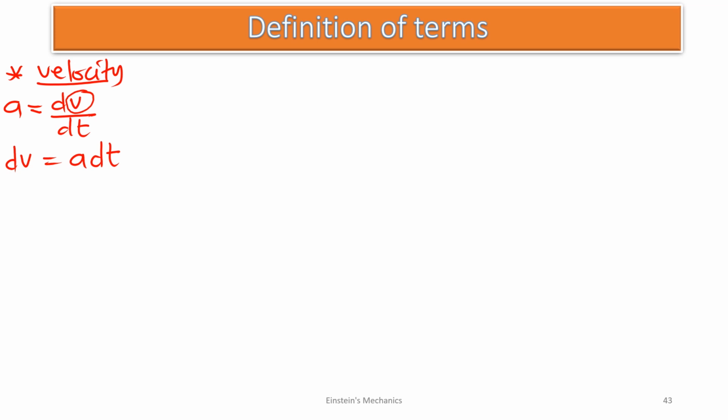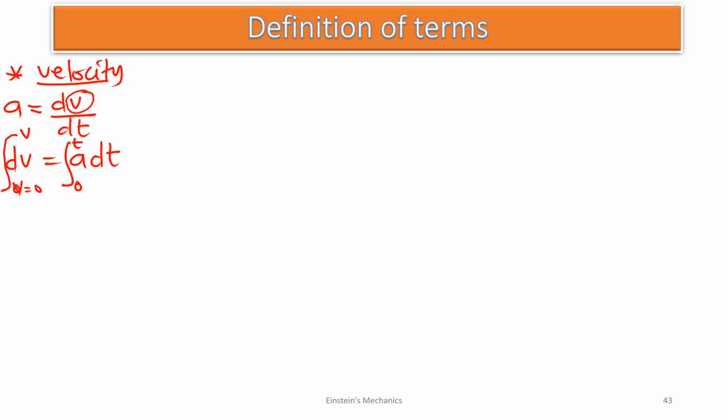Now we apply integration, but here we are going to apply definite integrals. We are integrating v from v equal to 0 up to v, and we are integrating with time from time 0 up to a time t.